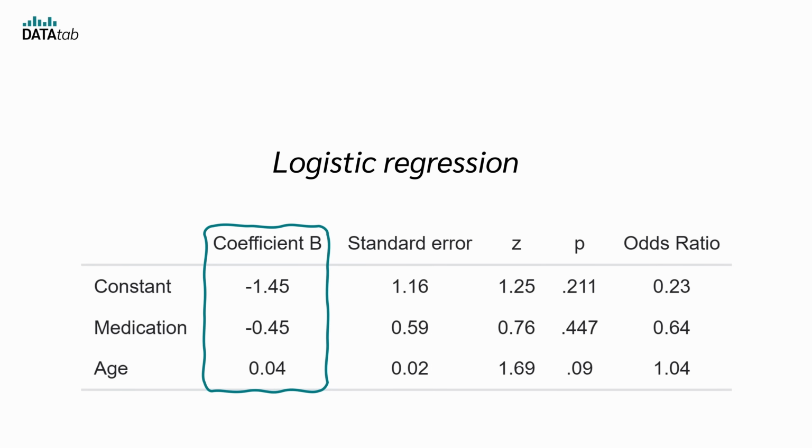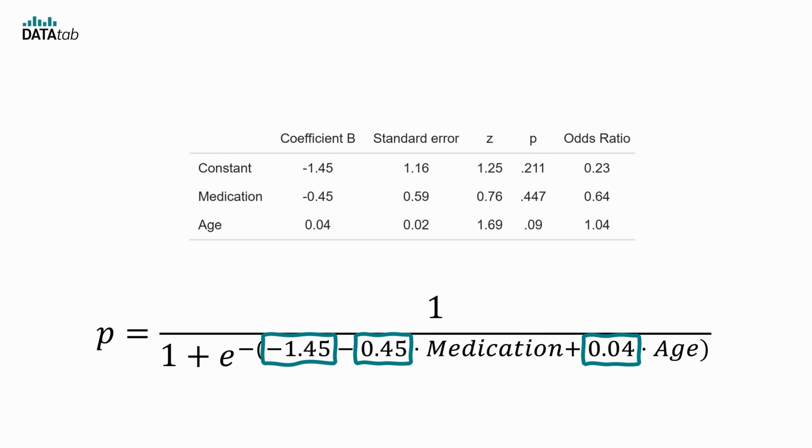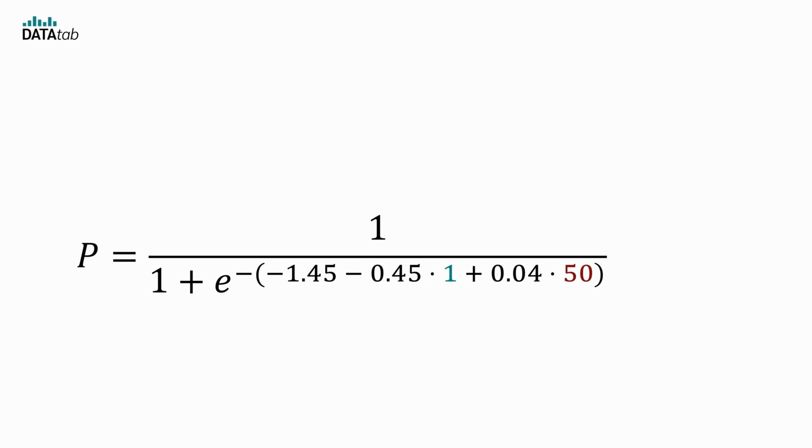In the first column, we can see the coefficients that define our model. These coefficients can be entered into the logistic regression formula. Here we can see the coefficients from the table: the constant, the coefficients for medication and for age. Now we just need to enter a value for medication, such as 1, indicating the patient received medication, and a value for age, for example 50.